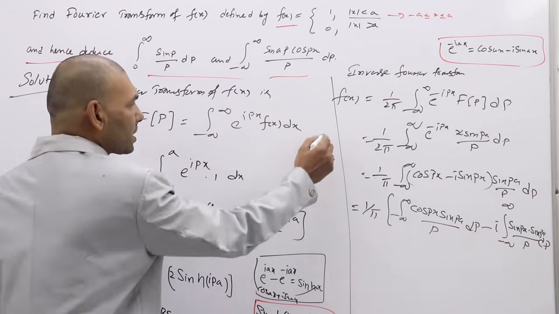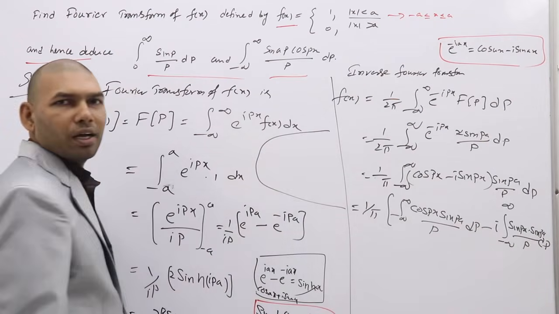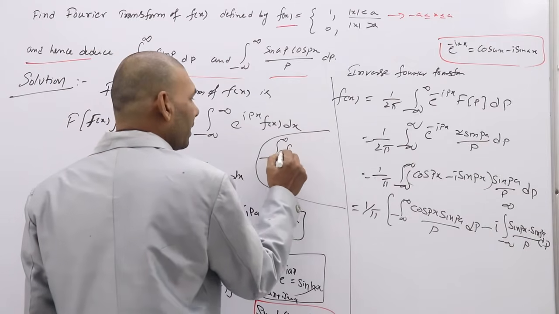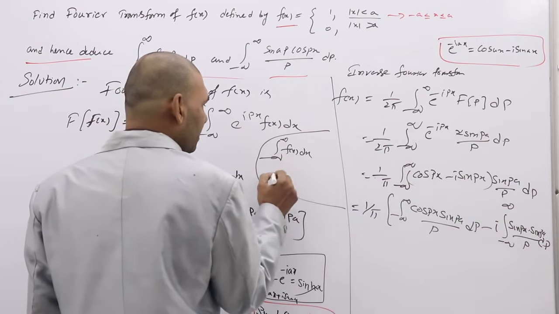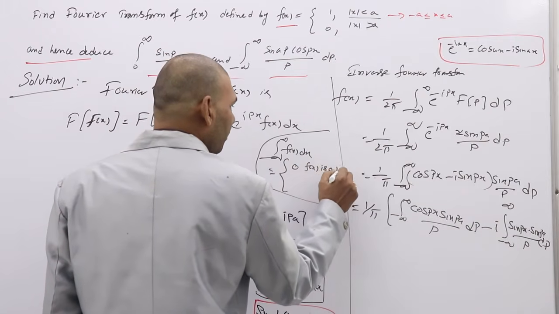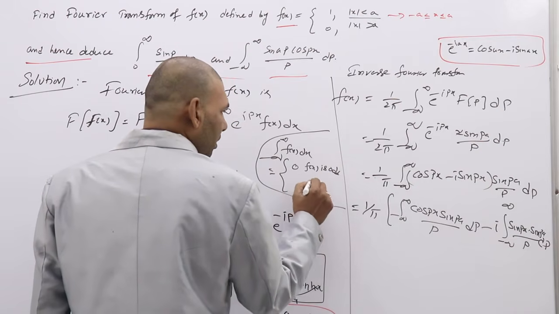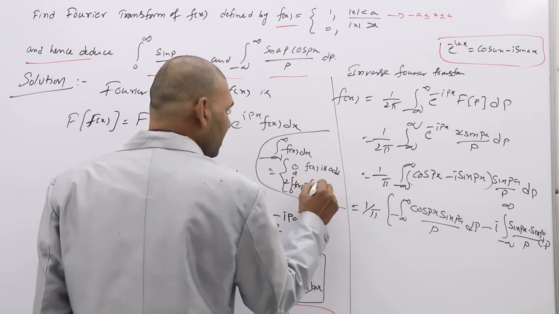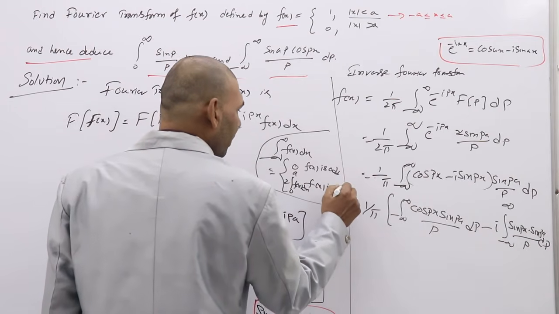We all know this formula in integration: the integral from minus infinity to infinity of f(x) dx is 0 if f(x) is odd, and 2 times the integral from 0 to a of f(x) dx if f(x) is even.